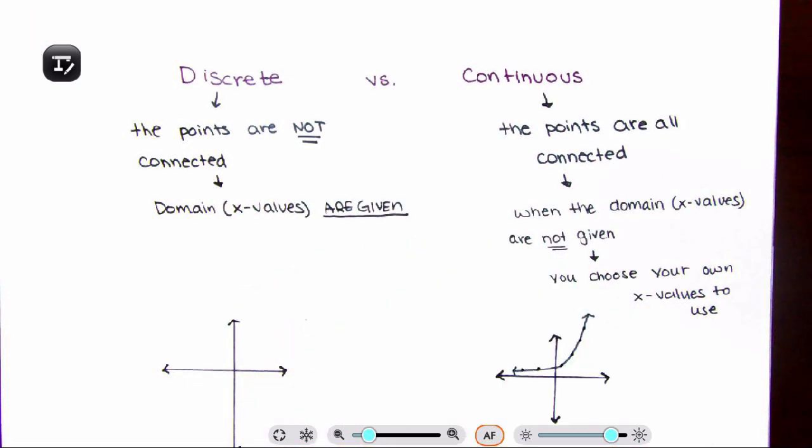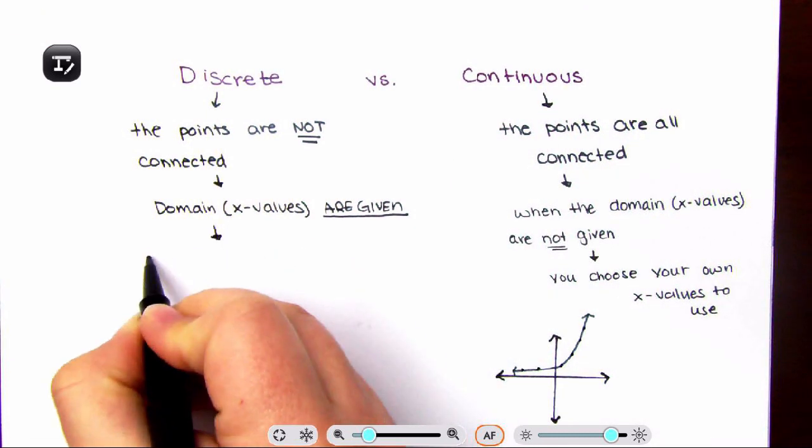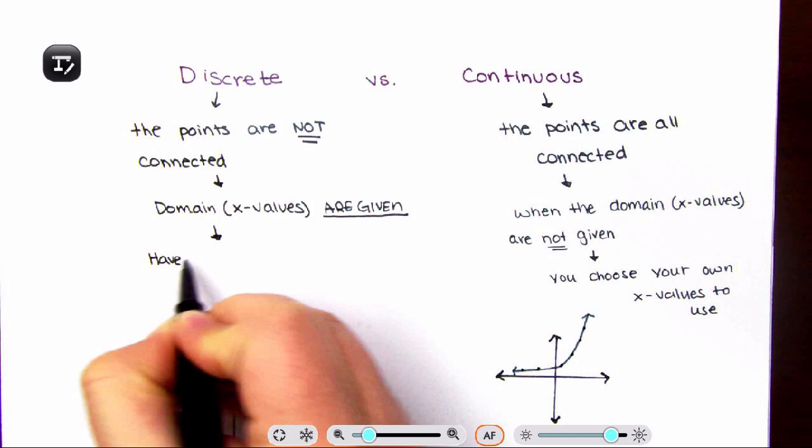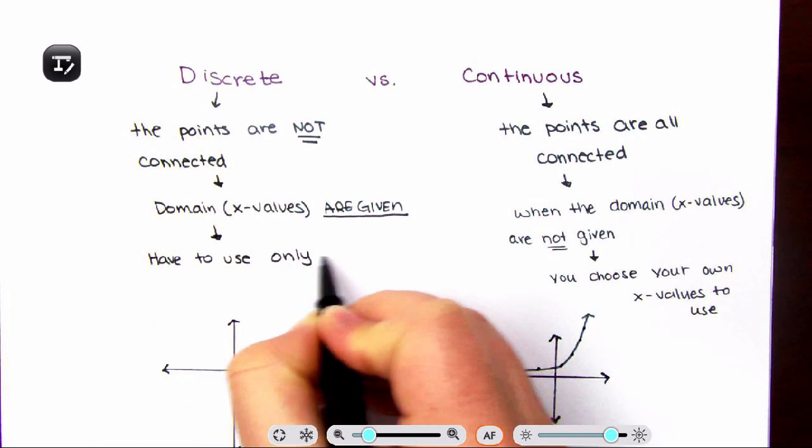You don't have a choice but to use them. If you really want to use 2 as an x value, but they do not give you 2, then you cannot use that number. You have to use what is given. And you only get to use what is given.